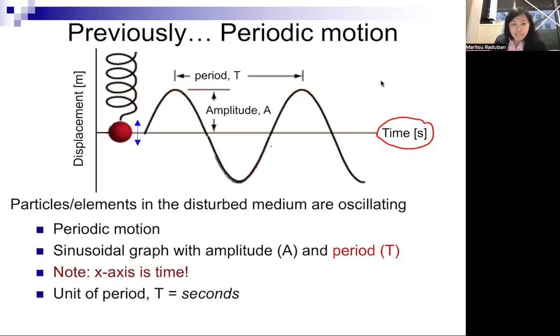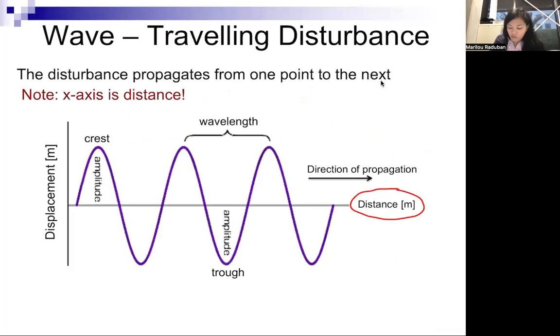The main difference is that in the periodic motion, you measure the x-axis in time, whereas for the wave, you measure the x-axis in distance, right? So the wave will also have an amplitude, and we can measure the separation between two successive points, and we call that the wavelength.